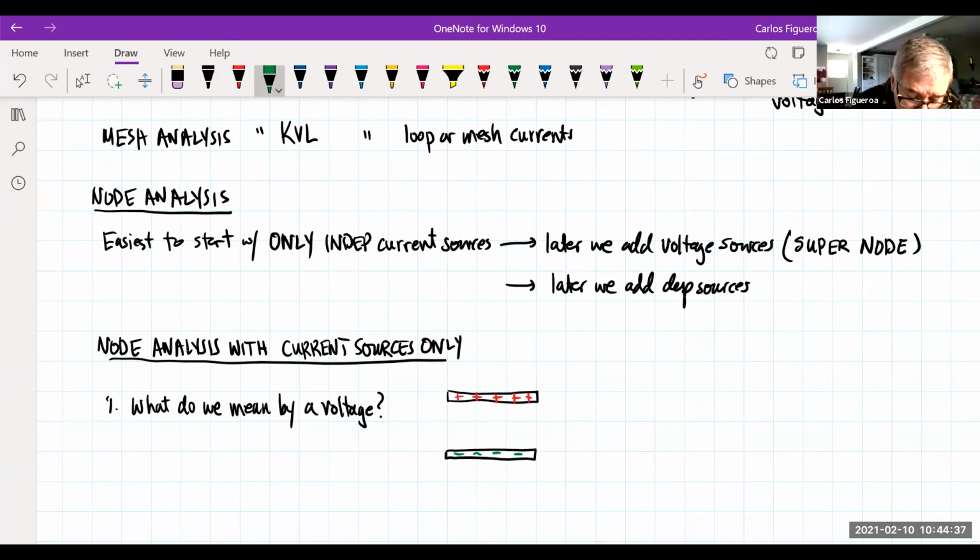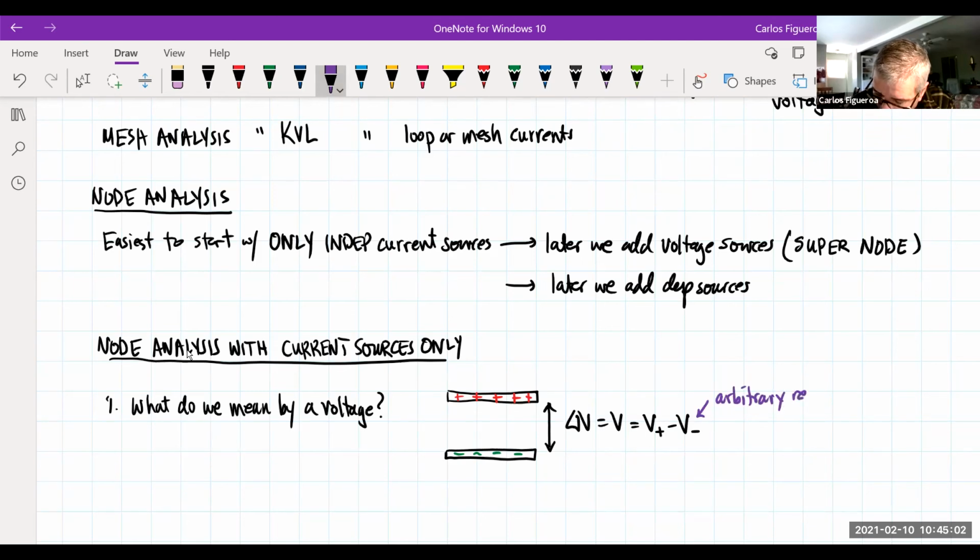And what we say is the voltage across this thing here is really the difference between the positive plate and the negative plate. And what we find here is that these are an arbitrary reference.